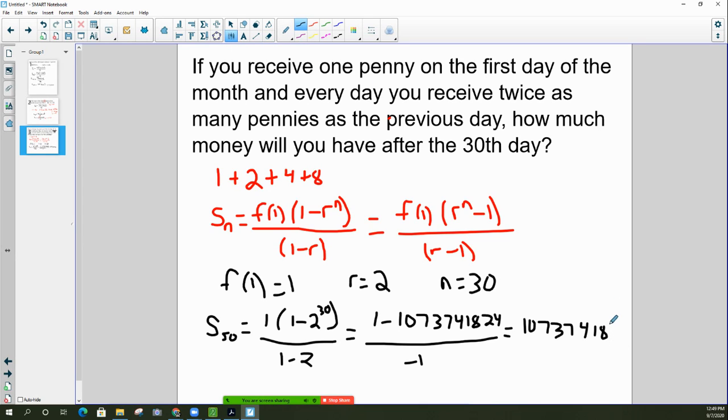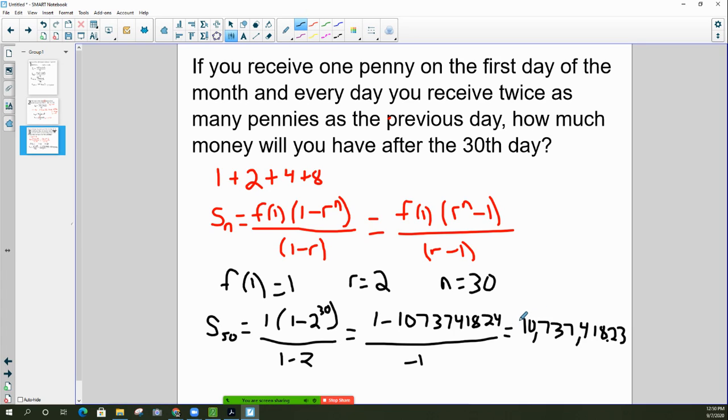Rewrite that. It's 23. You put the decimal in there after you divide by 100. And so we'll have $10,737,418.23 if we collected a penny and doubled it every day for a month.